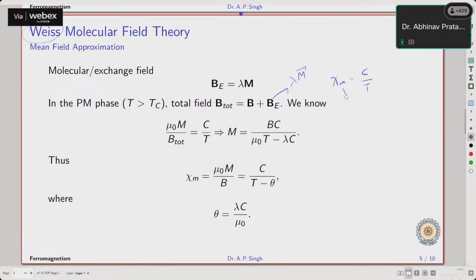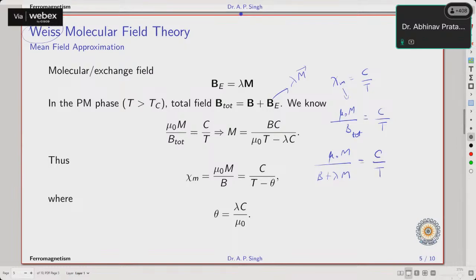And how can you write chi m? Chi m can be written as mu naught M over B. So this becomes C over T, where this B is now the total magnetic field. So if I do that, then what will I get? I'll get mu naught M over B total. And what is B total equal to? That is equal to B plus lambda times M. That will be equal to C over T.